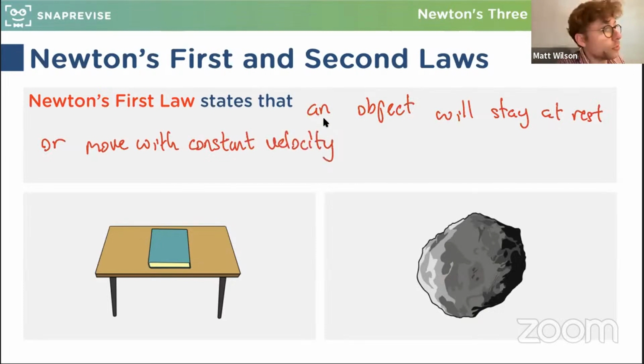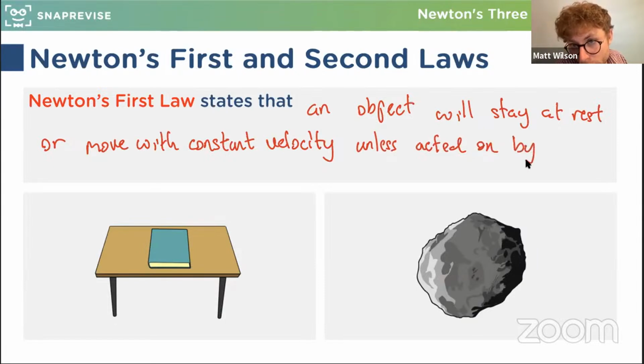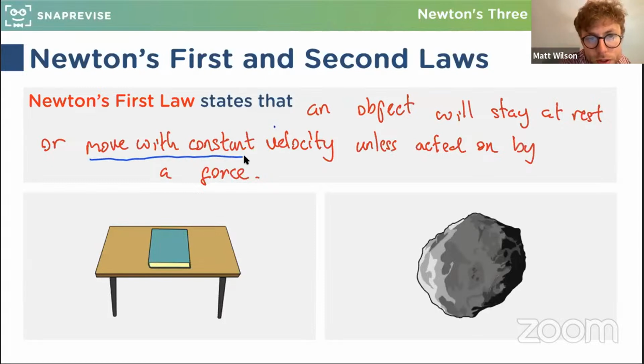So stay at rest or move with constant velocity unless acted on by a force. Okay, so there's this special bit in here, the or move with a constant velocity, and we'll come back to that in a second. Let's first of all examine the part that people usually think about, which is an object will stay at rest unless acted on by a force.